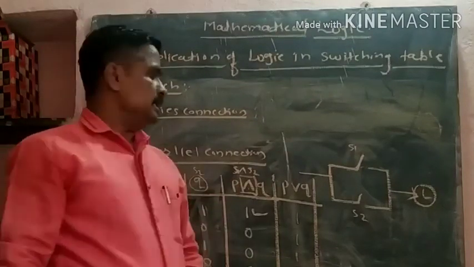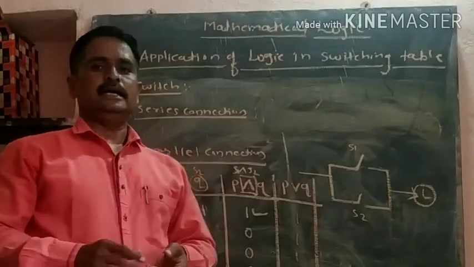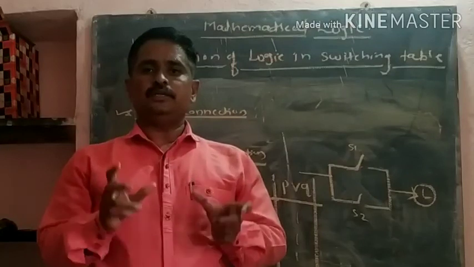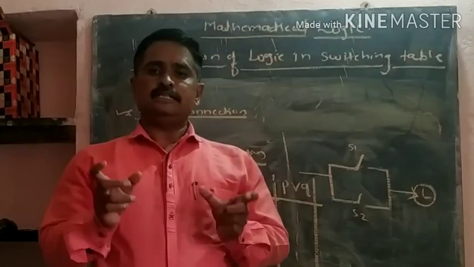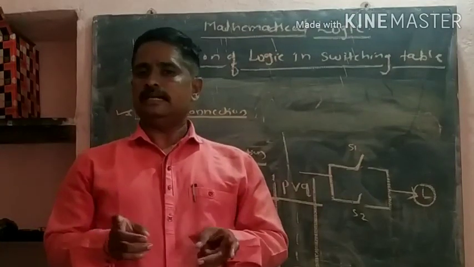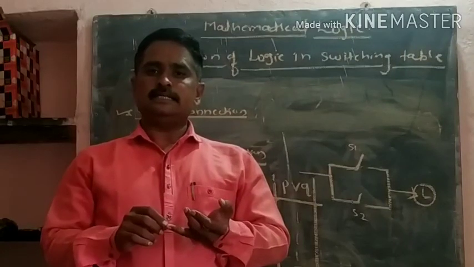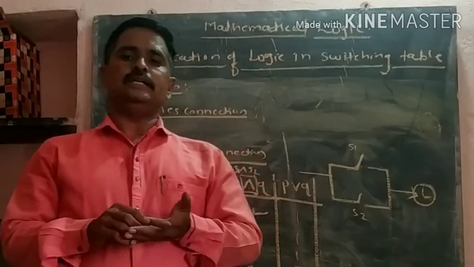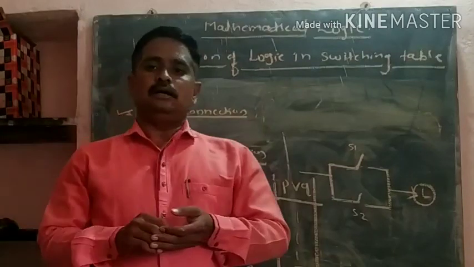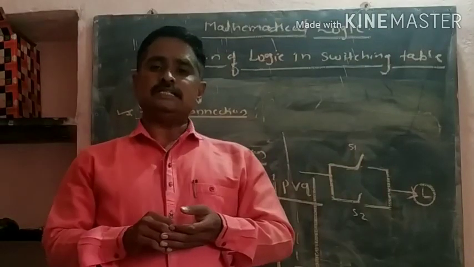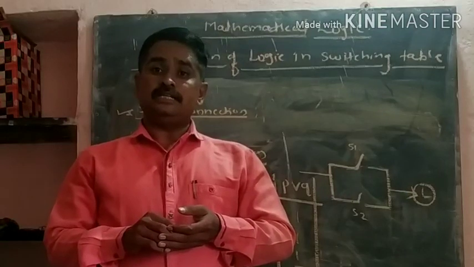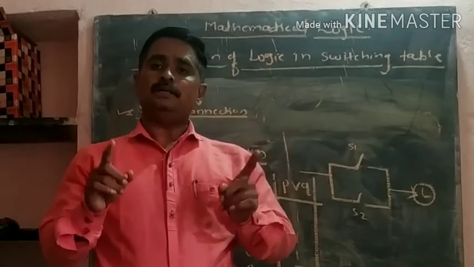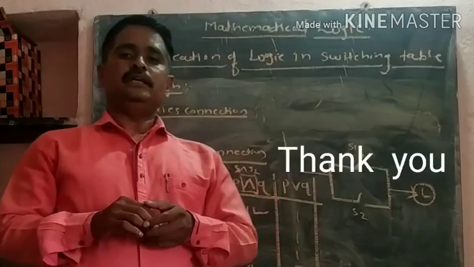Once again, there are two methods to connect the switches S1 and S2: a series connection and a parallel connection. In the next period, we are going to construct a switching table as well as a circuit diagram of a logical statement. So I will continue.